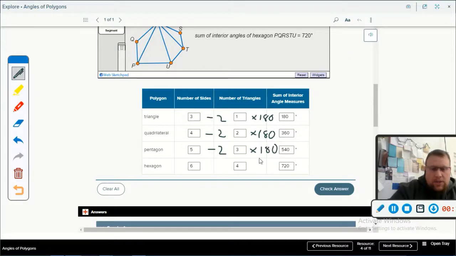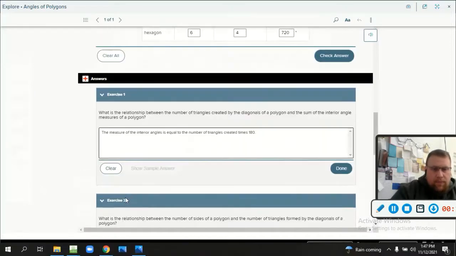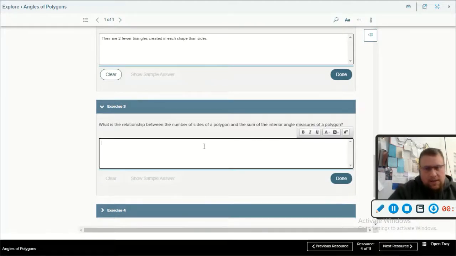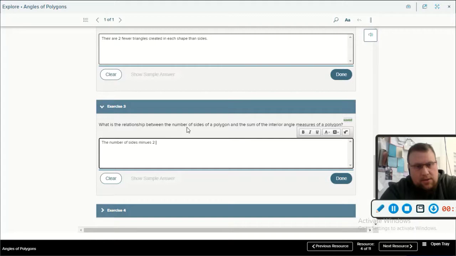So the relationship between the number of sides and the interior measure is the number of sides minus 2, put a comma, times 180 is equal to the measure of the interior angles.